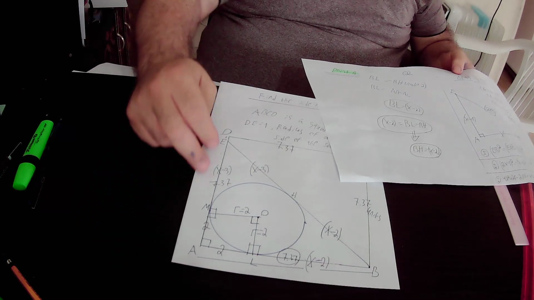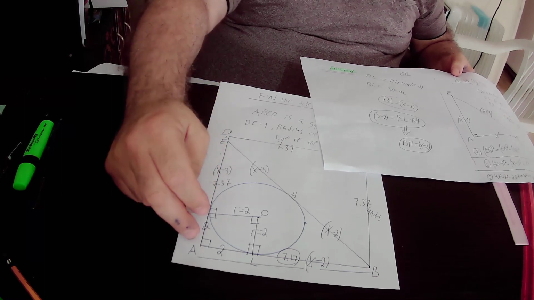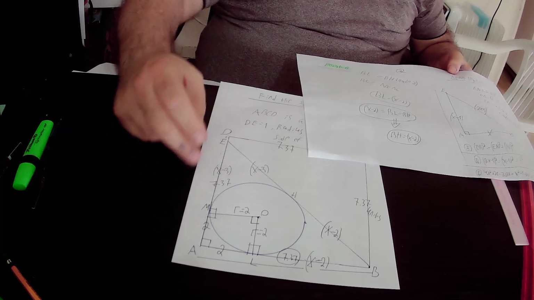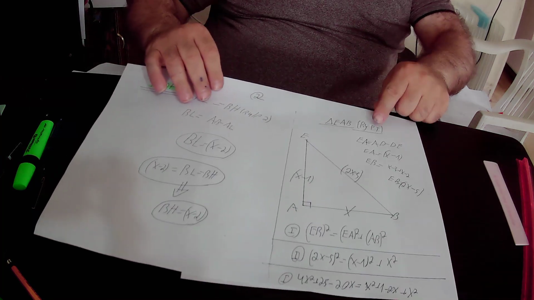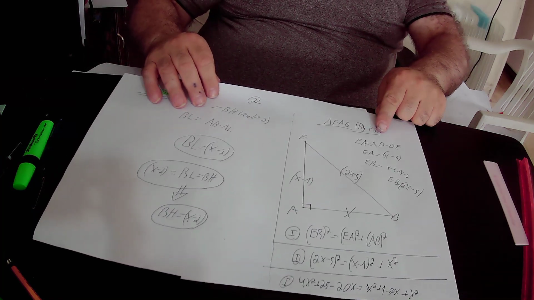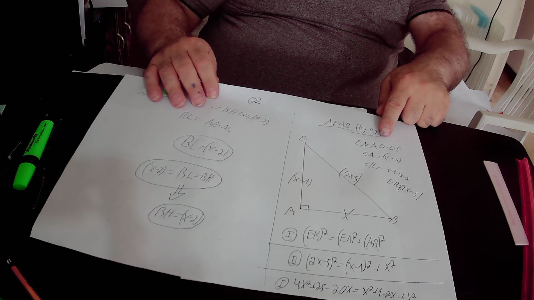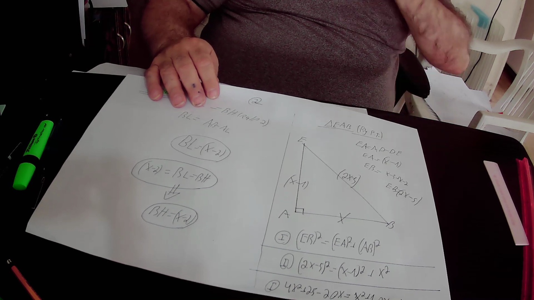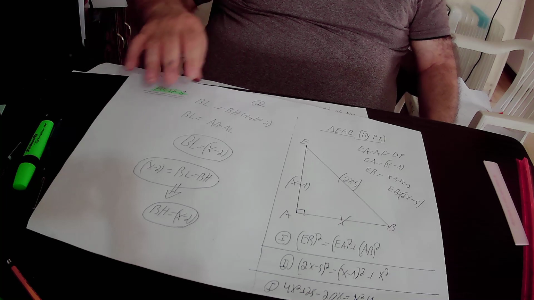EA equals AD minus DE. That is to say, EA equals AD, which is x, minus DE, which is 1 according to what is given in the question. So in conclusion, EA equals x minus 1.